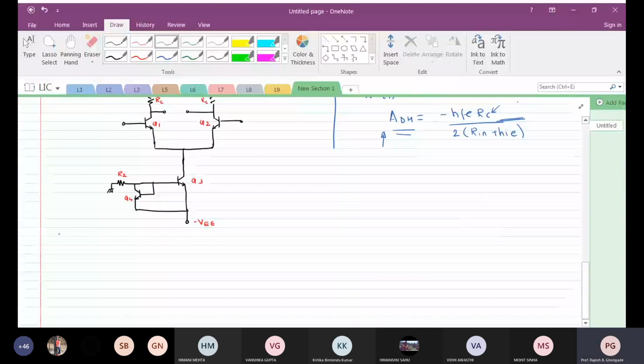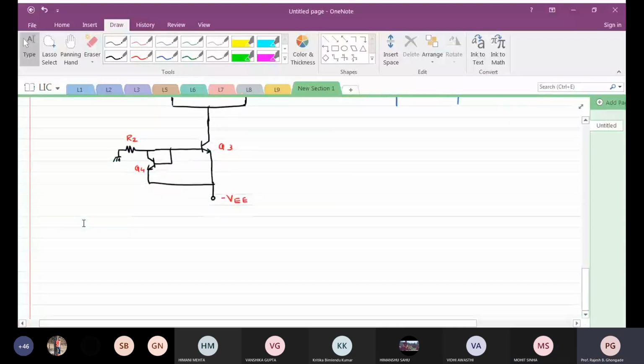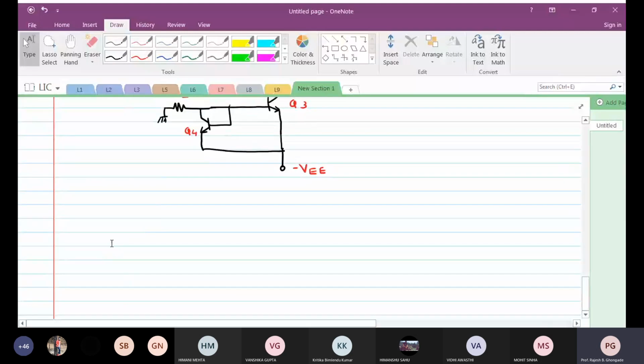Okay, is that clear, guys? So once we have this, the first and the second stage will be almost identical, with a few changes. The third stage will be called a level translator.